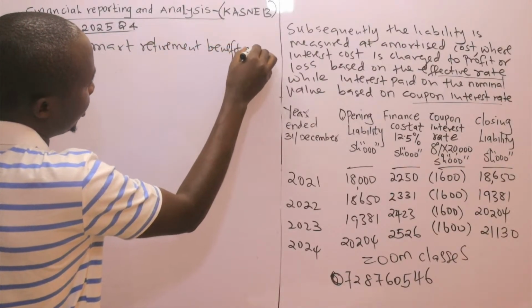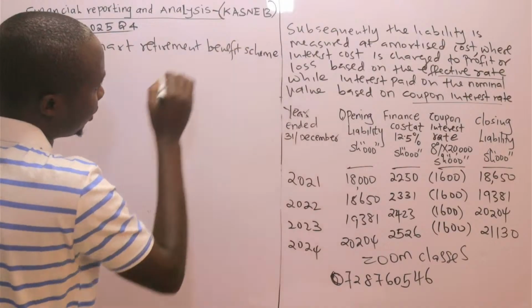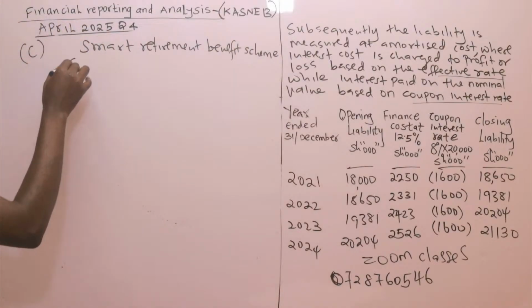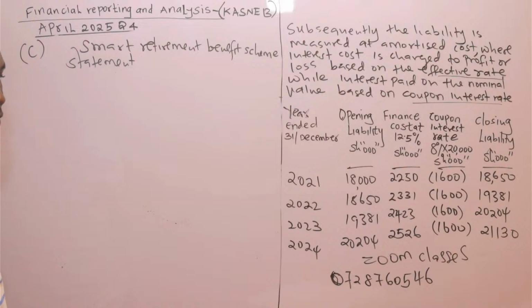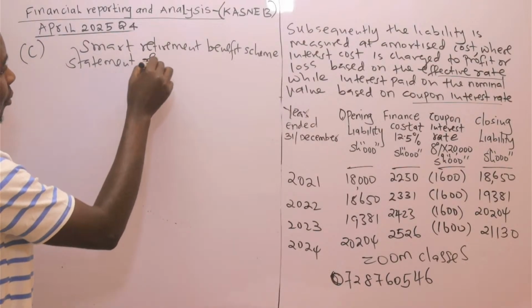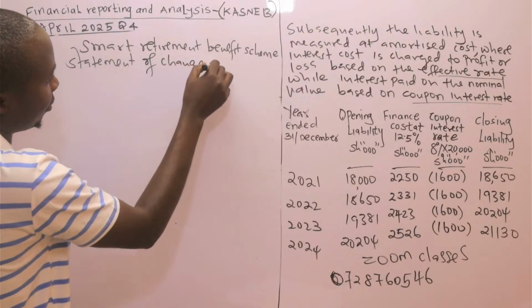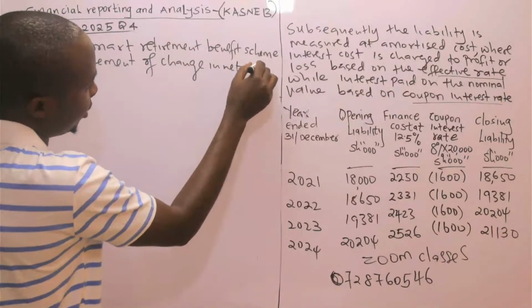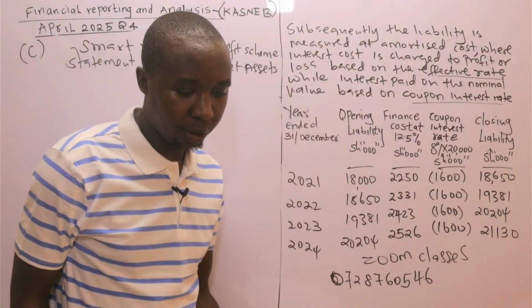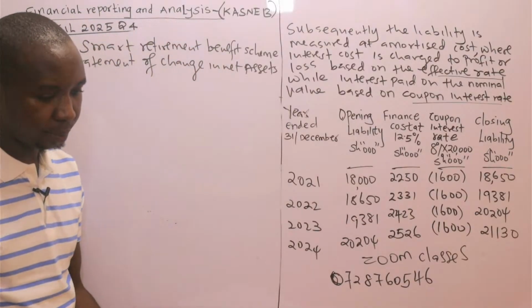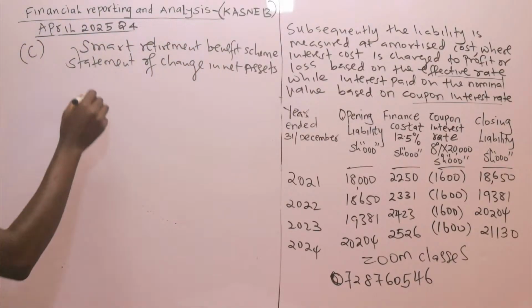The first thing they need is the statement of change in net assets, and that is for the year.